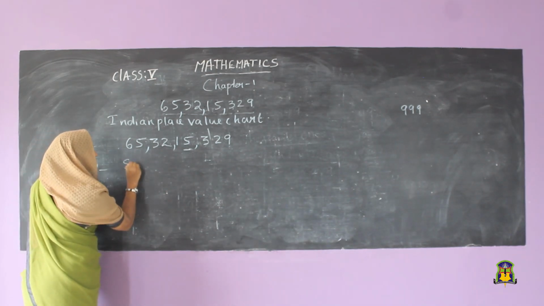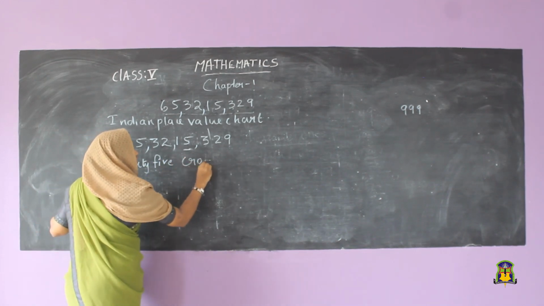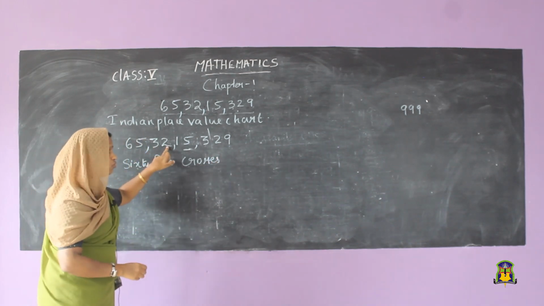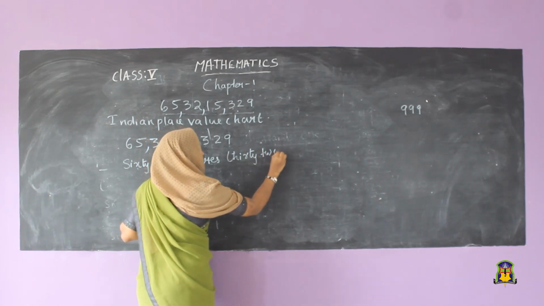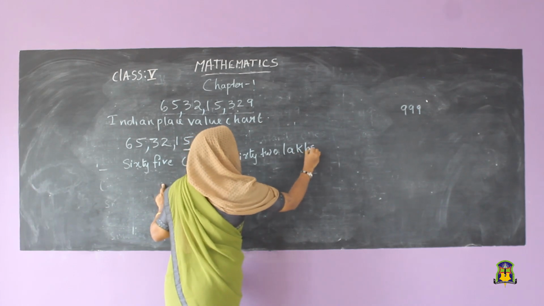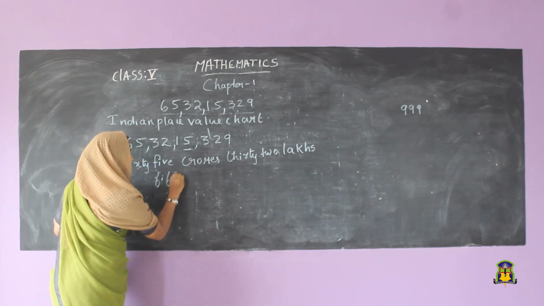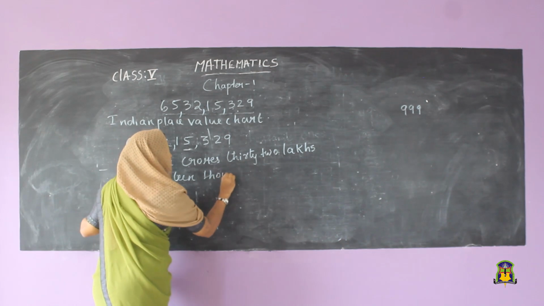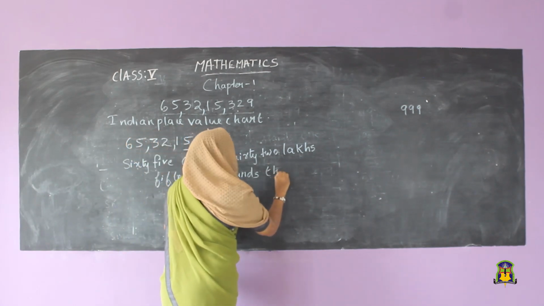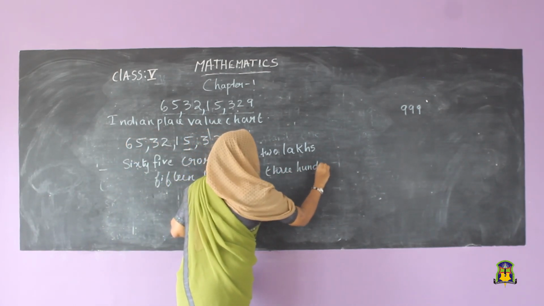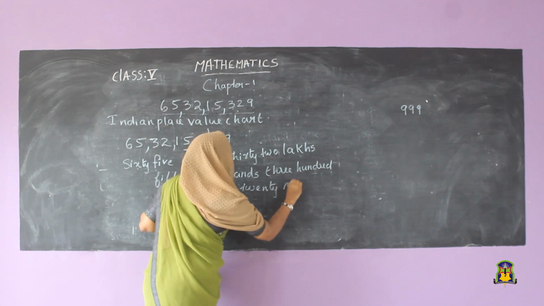So we can write like this: 65 crores, then 32 lakhs, next 15,000, 15,329.